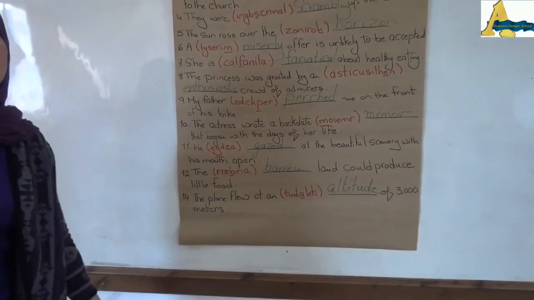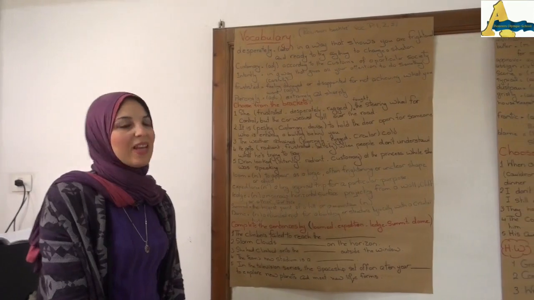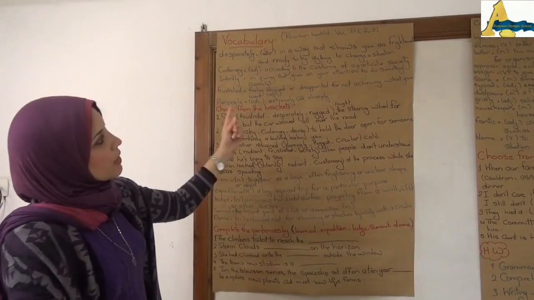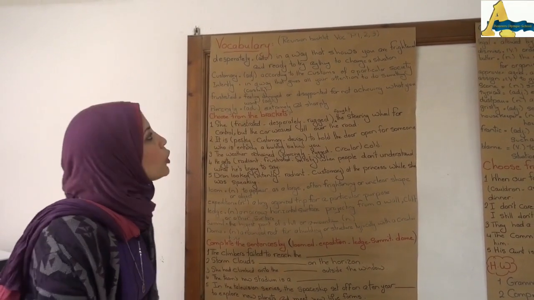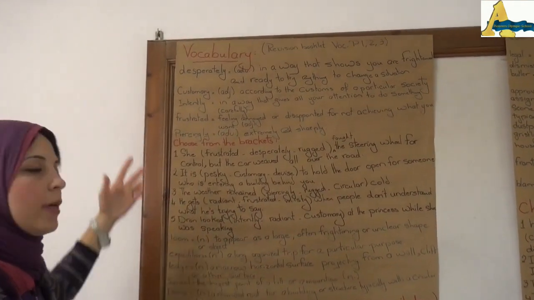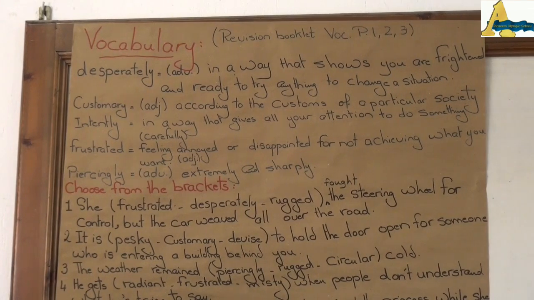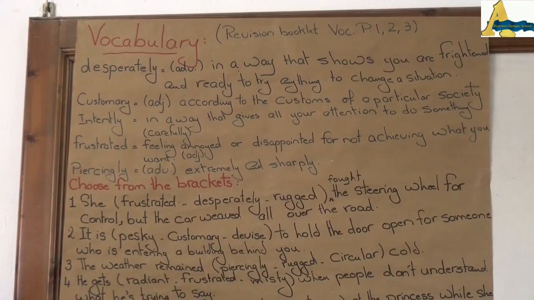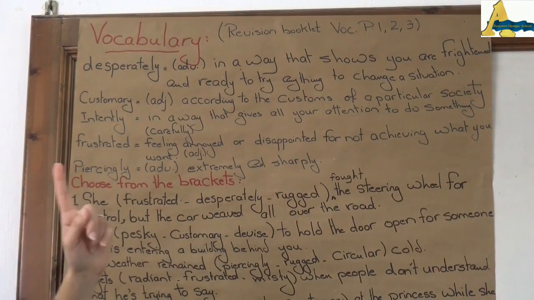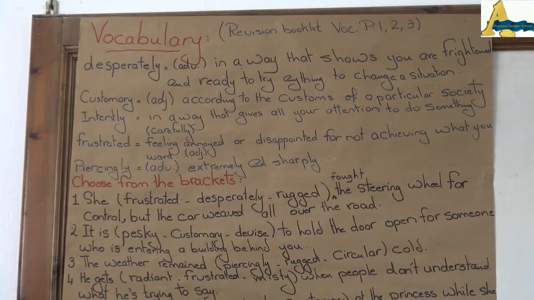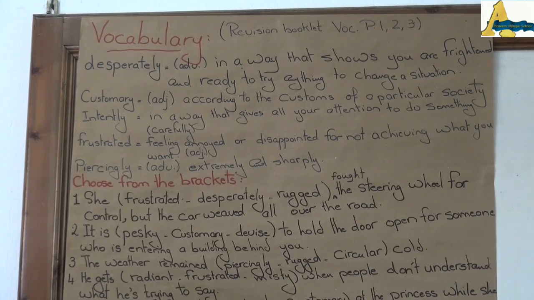Let's move to the vocab now. Revision. It's in your revision booklets, pages 1, 2, and 3. Let me revise the words before I start answering. What's the meaning of desperately? Desperately is an adverb in a way that shows you are frightened and ready to do or to try anything to change a situation, you're hopeless.